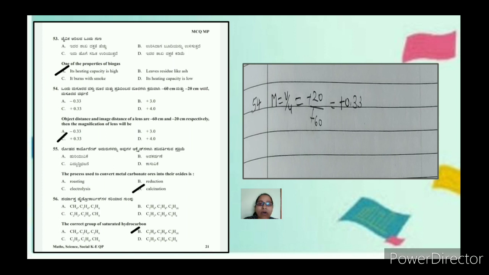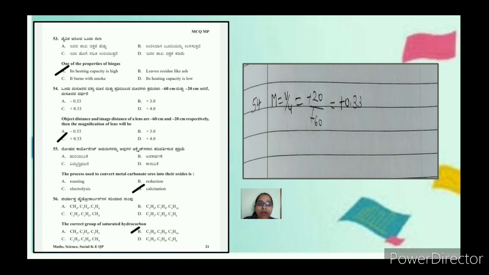So next question, object distance and image distance of a lens are minus 60 centimeters and minus 20 centimeters respectively. So object distance is U, image distance is V. Then what would be the magnification of the lens?